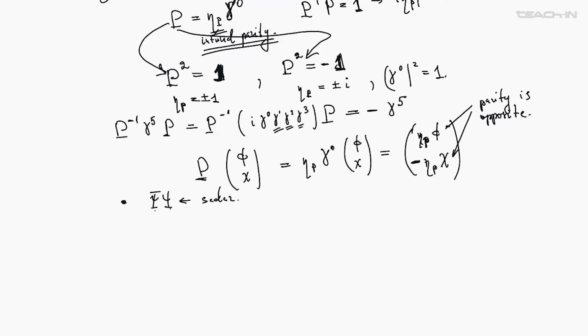Then we can have an object which is psi bar gamma 5 psi.